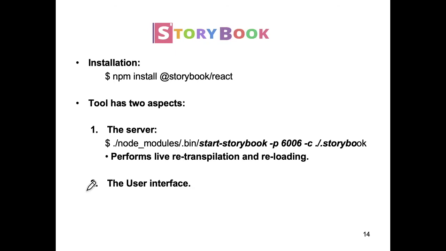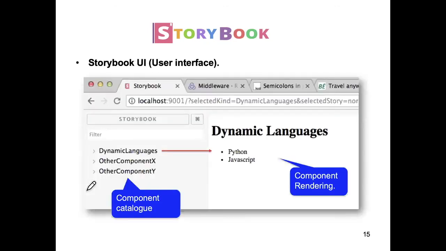So when you install Storybook and attach it to maybe a project that you're working on, when you start up the Storybook server, it will fire up a browser tab, and it'll find all of the components in your project. You've got to tell it where they are, obviously, but it'll find them. And what it does then in the browser tab is render its own user interface, which looks like this.